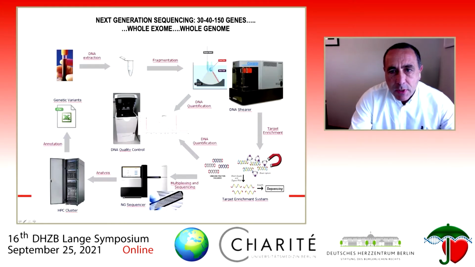Next generation sequencing really has changed our ability to explore the genetic causes of diseases, because we can now evaluate a big number of genes, the whole exome, and even the whole genome with parallel sequencing.